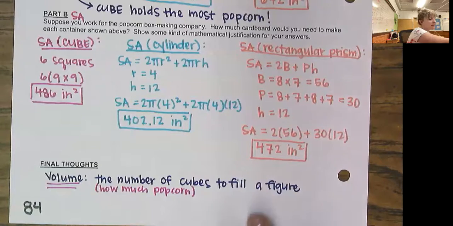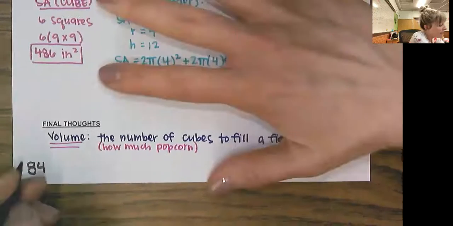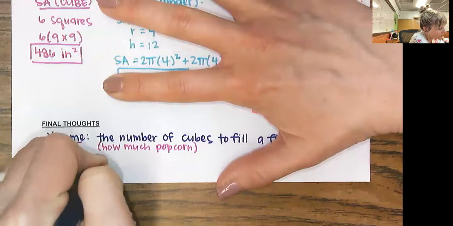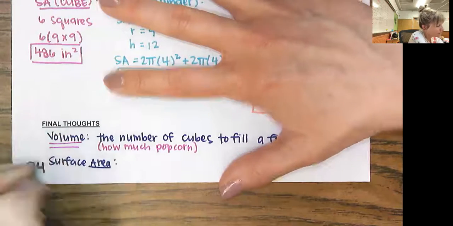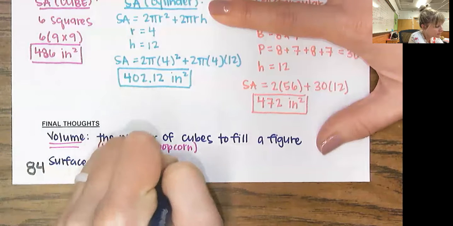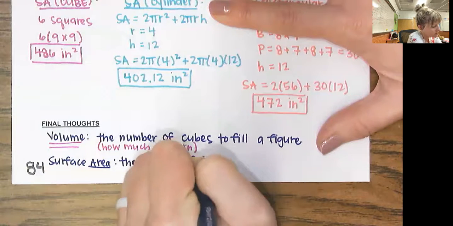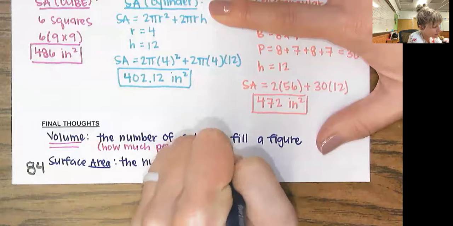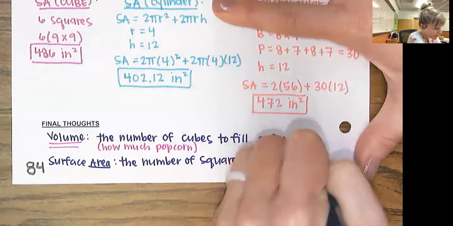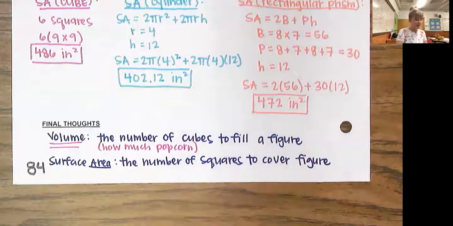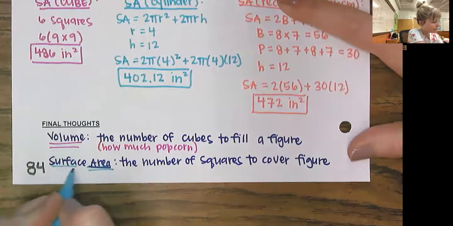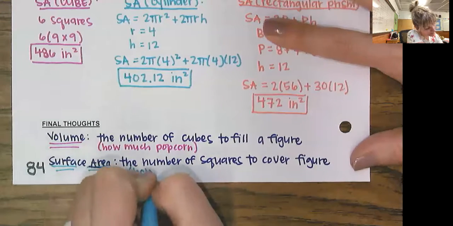But in this particular scenario, it was how much popcorn it was going to hold. And surface area, as we know, is the number of squares to cover a figure. So in this story, that was how much cardboard?